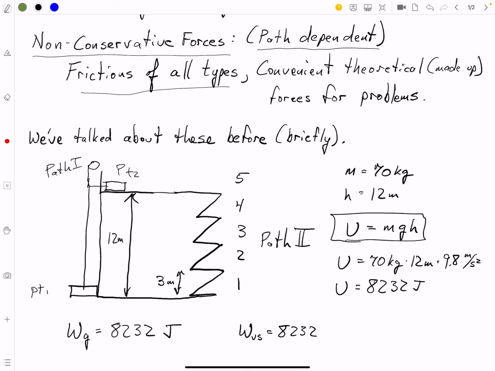That's how many joules of work it requires to lift the object up to that height. Fine, that's great.